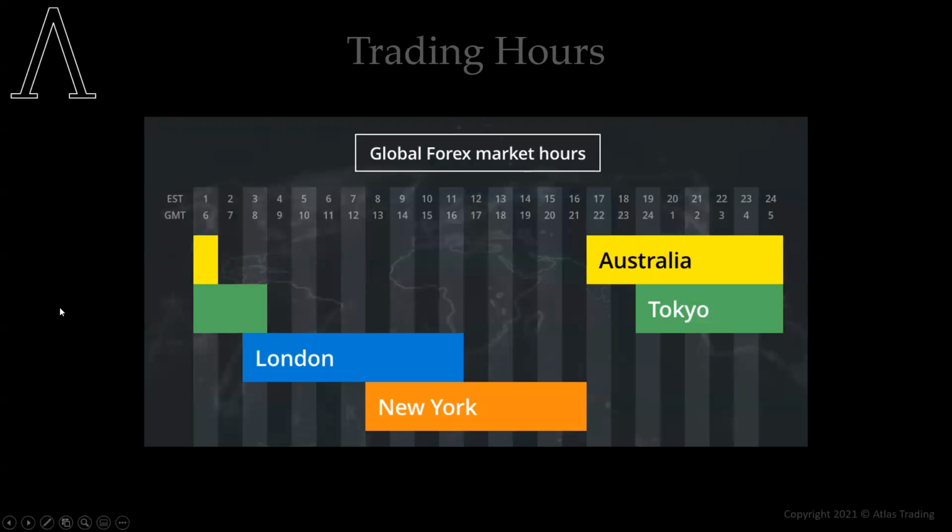Moving on, trading hours. You'll hear us refer to during London, during Asia, during New York. This refers to the trading hours of when the stock exchange for that given continent or country is open.